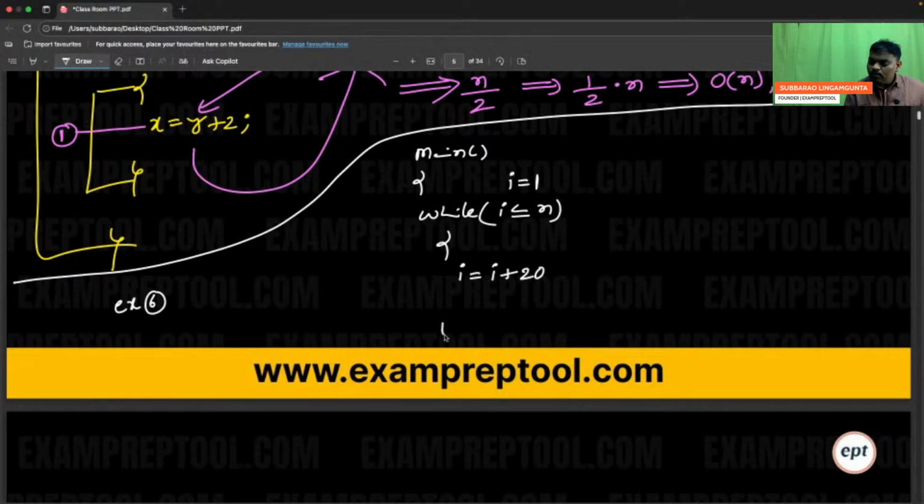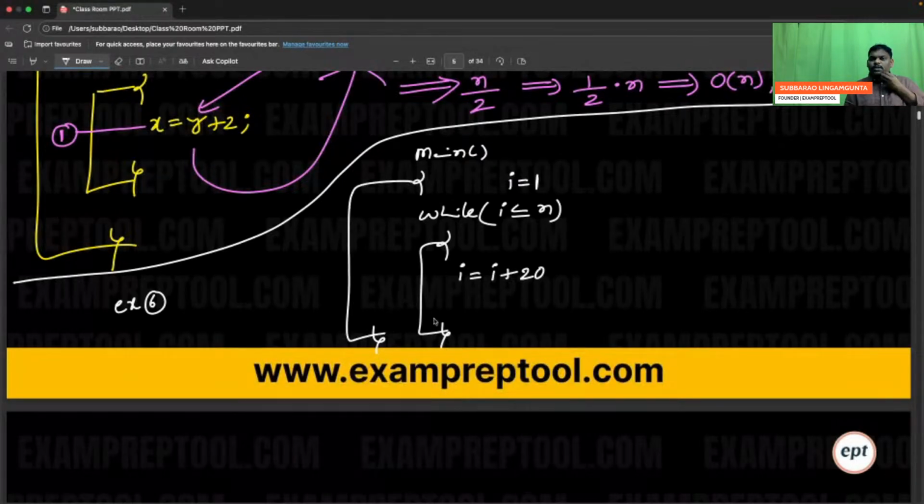So what is the time complexity of this program? Can you try this also? Main, I is equal to 1, while I less than or equal to n, I is equal to I plus 20. Try, what is the time complexity of this program?